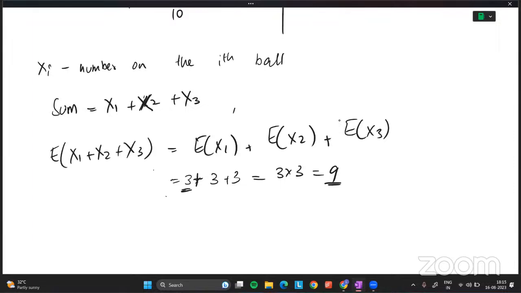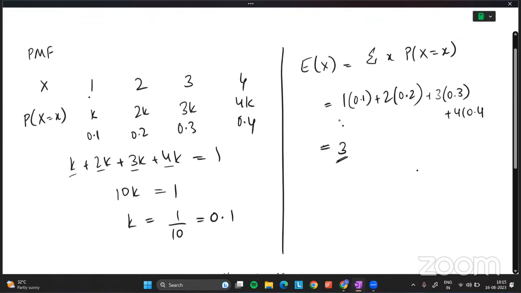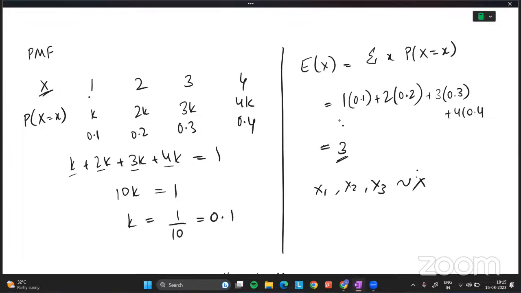So if you look at it, xi was the number on the ith ball, and in the previous question what we found was that x was the number on the ball. So we know that x1, x2, and x3 will basically be the same as the random variable x. So the expectation of each of x1, x2, and x3 will be equal to 3.